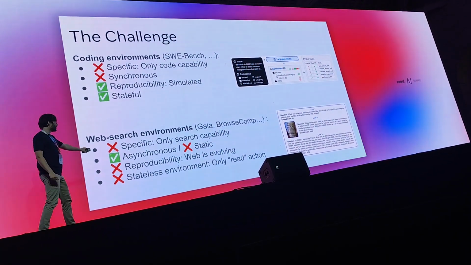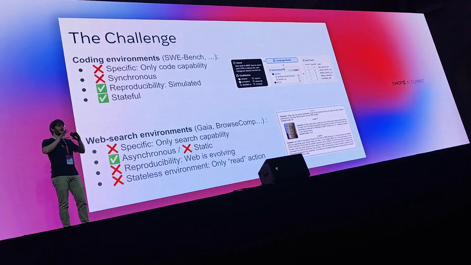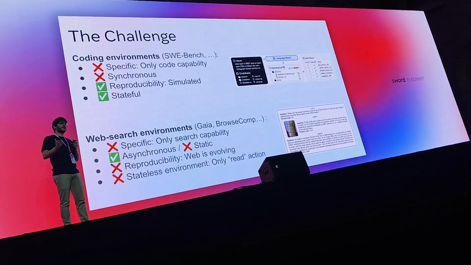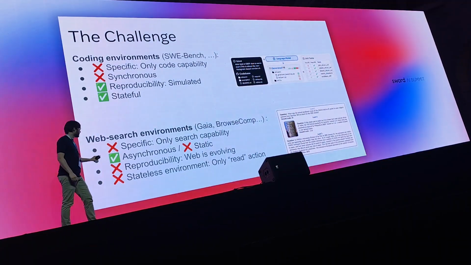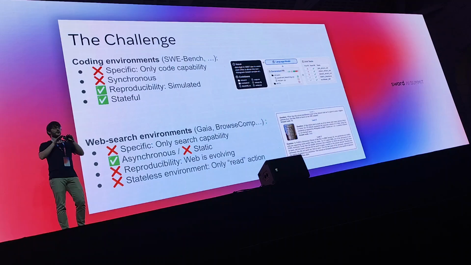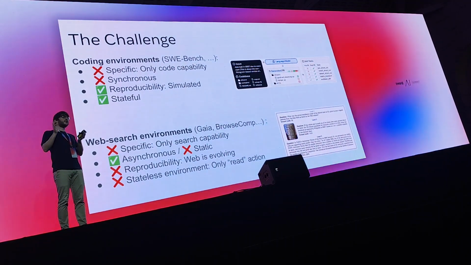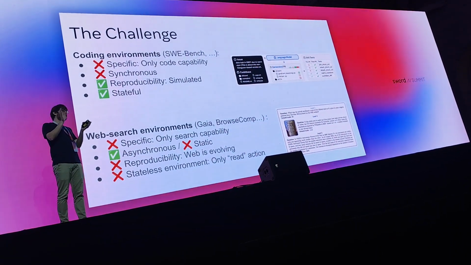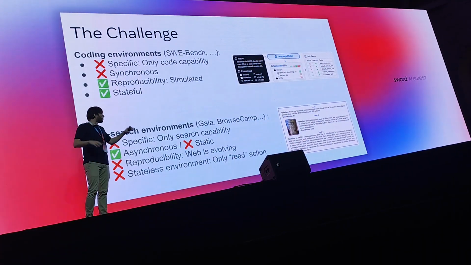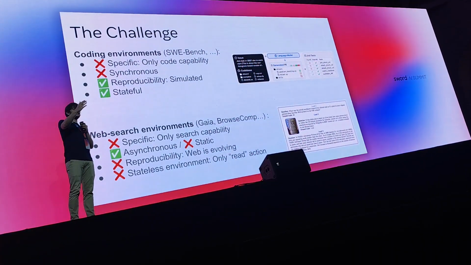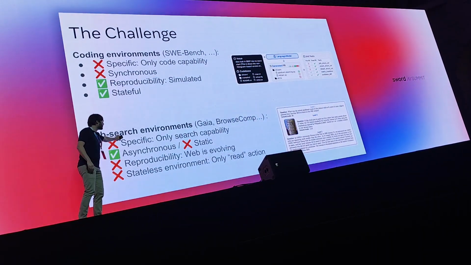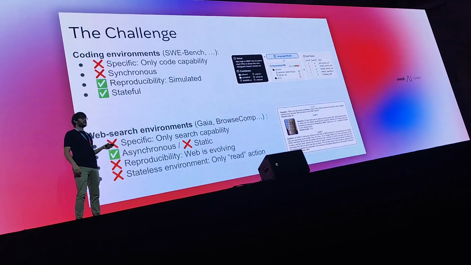They are also less reproducible because the web is evolving, so sometimes some questions are outdated. And an important point is that these environments are stateless. We do not have tools that modify the state of the environment. We only have read operations, so we can only retrieve information, and that's why we can only test the search capability.